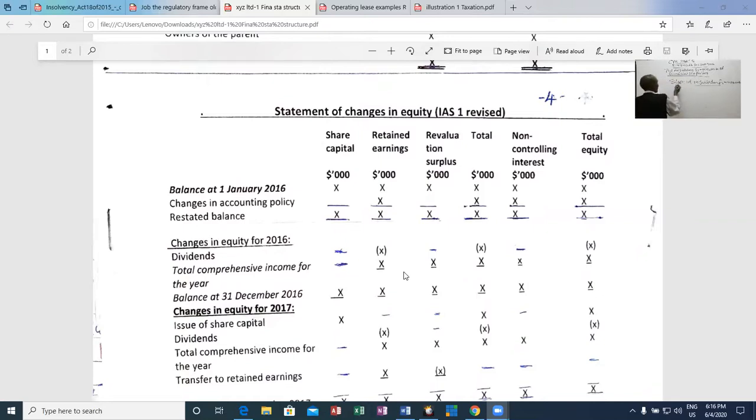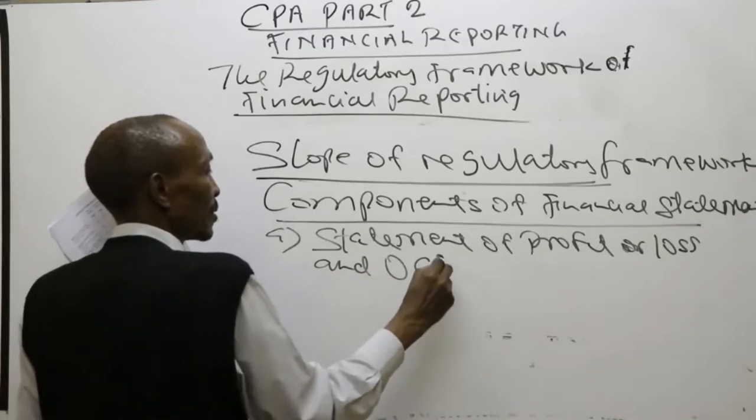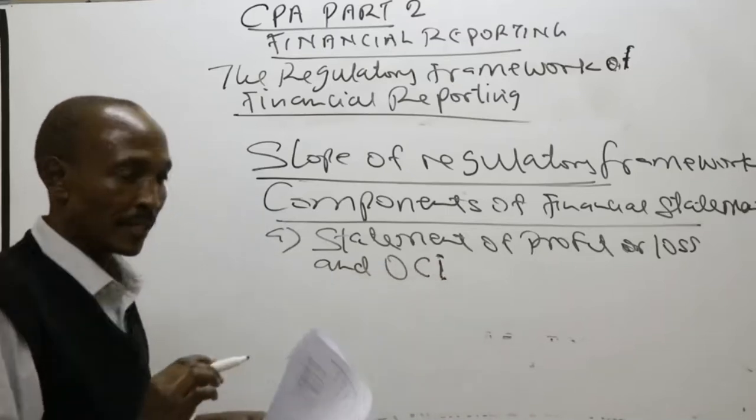So here, talking about components of financial statements. The first one was the statement of profit or loss and other comprehensive incomes, in short, what we've just discussed.